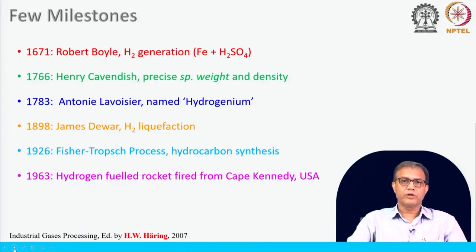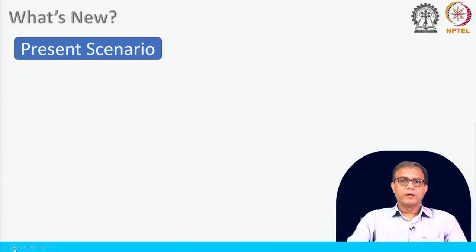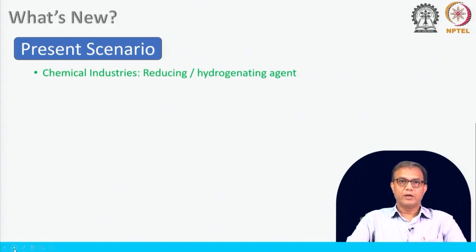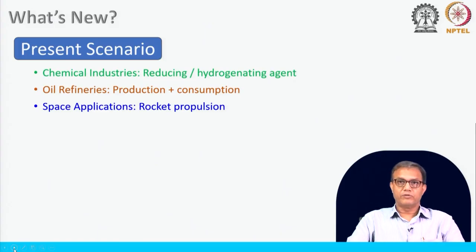So, let us try to look at what is new in it. The present scenario is that hydrogen is used in many chemical and oil refineries as a reducing or hydrogenating agent.